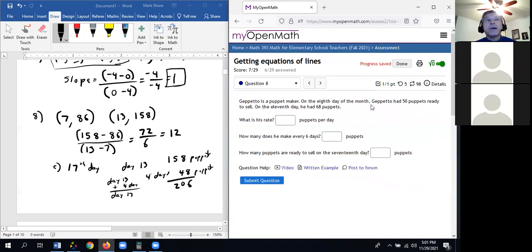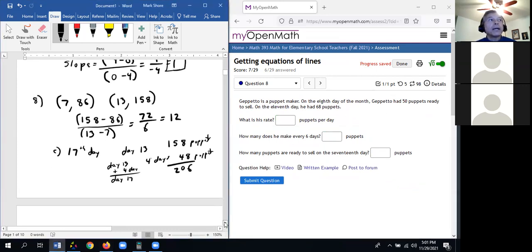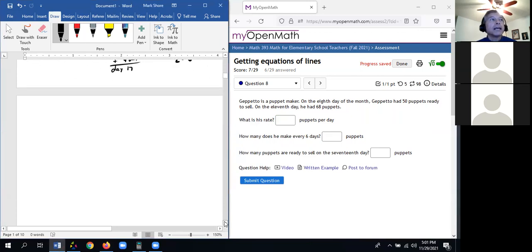So look, we'll do this one. Let's do a second try at problem 8 so you can have 2 examples of that. So here's 8 again, because it's a pretty tough one. So again, same situation. On the 8th day of the month, he had 50 puppets.